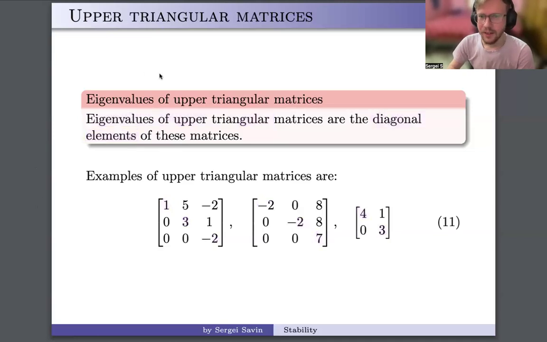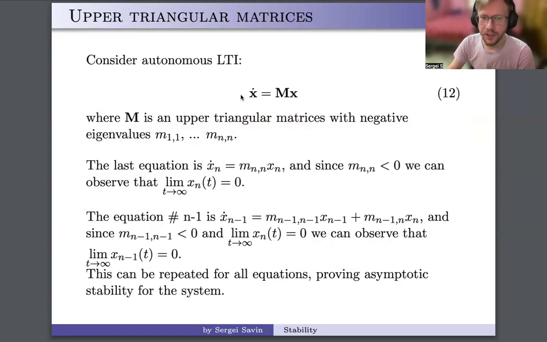Now, for upper triangular matrices, we can prove that stability depends on the eigenvalues without eigendecomposition. It is much more straightforward to prove that it depends on the diagonal elements of the matrix. Let me show how the proof goes.